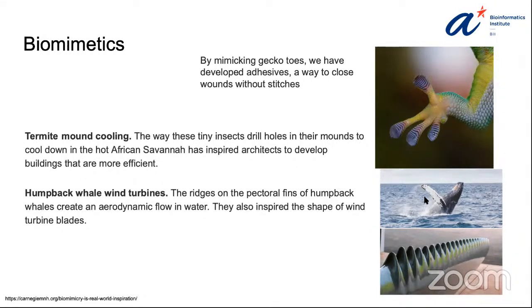Another example of biomimetics is that whales have certain shapes along their fins, right? And what people have done is that they have translated that into wind turbine blades for better dynamics, right? So these are all things.